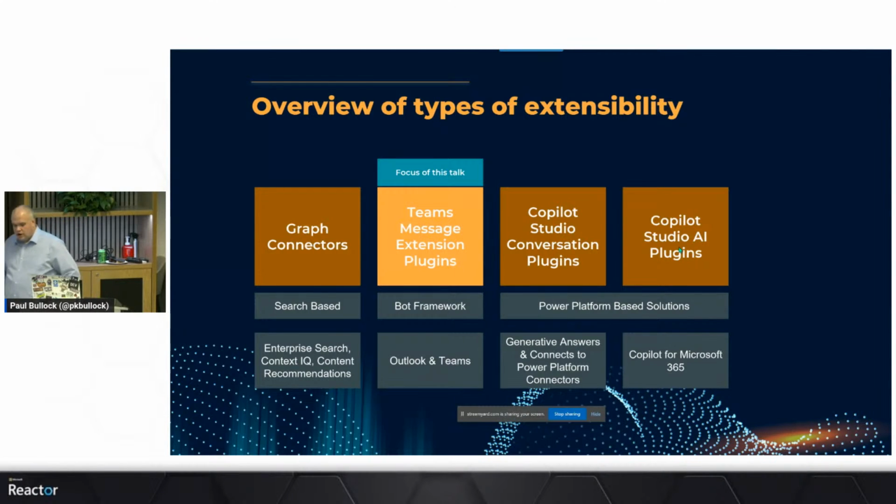A lot of the thinking behind these groupings of technologies: graph connectors have been around for a while, so there's a lot of knowledge in the industry about how to use these things and bring that in. Obviously, you need to do certain things for Copilot. That's fine. And again, with PVA, which I haven't personally touched too much, that's not necessarily a new technology, so there will be lots of skills in the industry already.